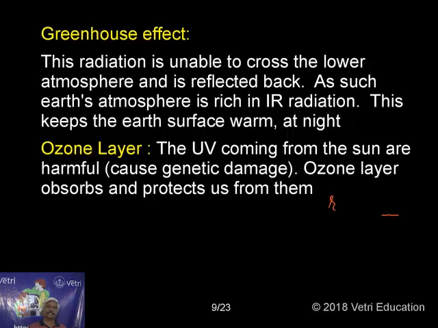Due to condensation, it again falls as heavy rain. So heavy rain appears because of a stronger greenhouse effect. That is also a danger. That is what we call global warming. For global warming, the greenhouse effect is the main cause.